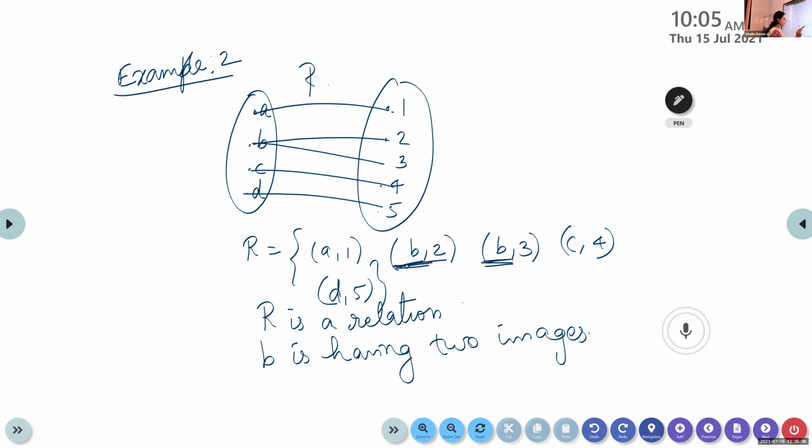Whenever we write the relation in roster form, you can easily identify: if the first element is repeated, then it is not a function. R is not a function because the element B is having 2 images. The image is not unique. Therefore, it is not a function.